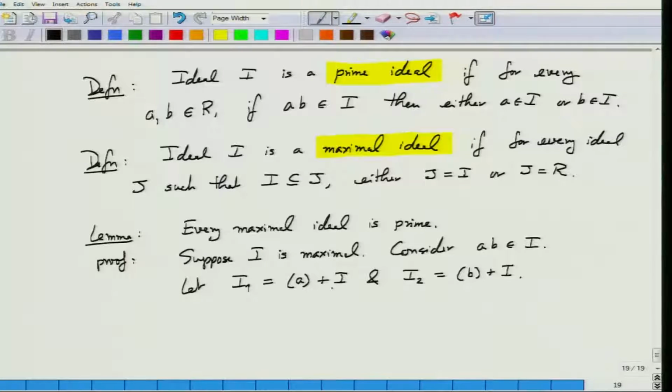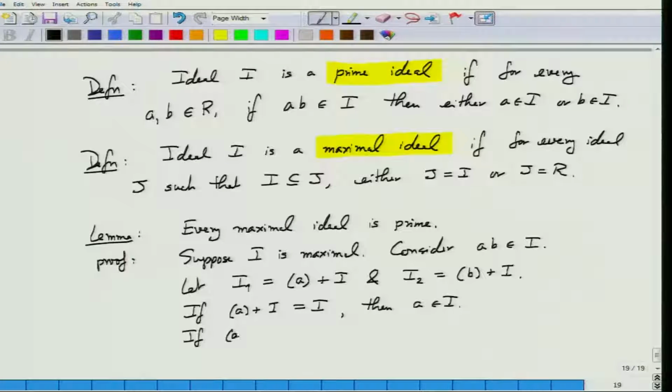It means that they are either equal to I or they are equal to R. Suppose this one is equal to I. What does this mean? That a is in I. And if that is the case, then we are already done.